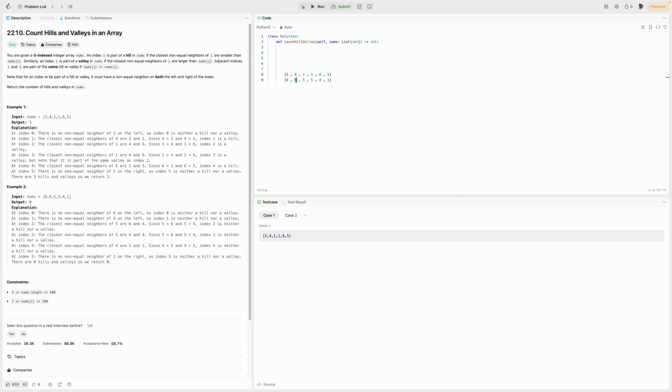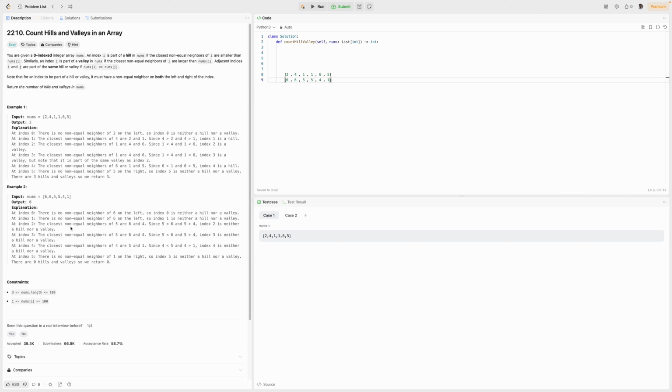So this number, is this a hill or valley? Well, this number is higher than 5, so that's a hill. No? Wait, hang on a minute. There is no non-equal number to the left, so index 0 is neither a hill nor a valley. Index 1 also has no non-equal neighbor to the left, so index 1 is neither a hill nor a valley.